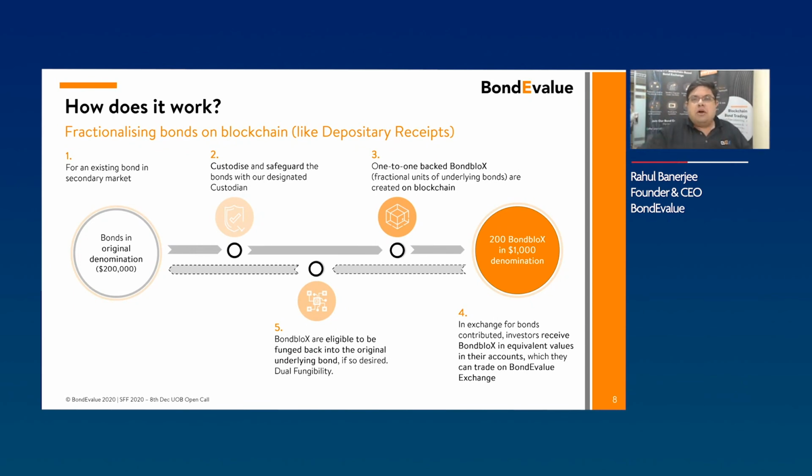This is how we ensure that the fractional bonds trade at the same price as the bonds in the interbank market. So step one, for an existing bond in the secondary market, you custodize, safeguard it with a designated custodian, get bond blocks, and then you can buy and sell on those bond blocks.